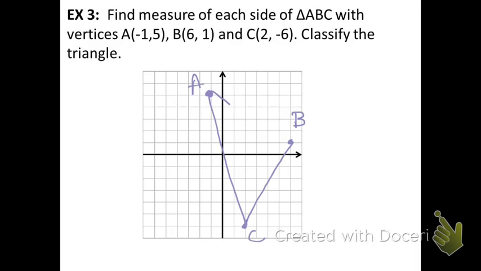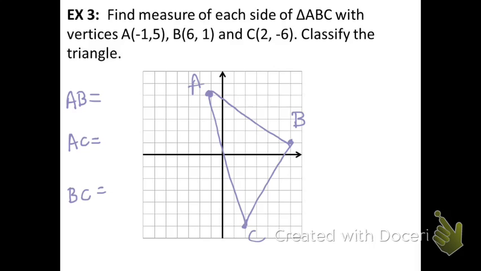So here's our triangle once it has been graphed, and we're going to find the distance or the length between AB, AC, and BC.